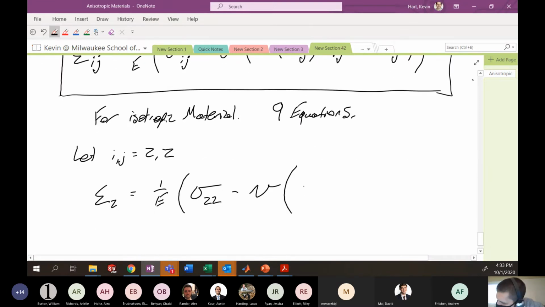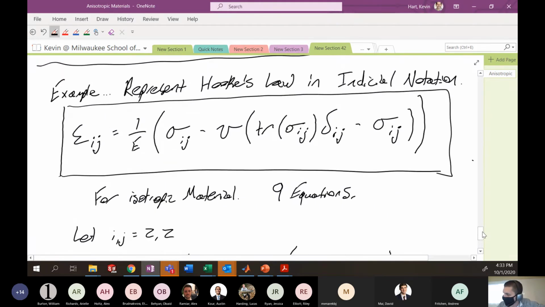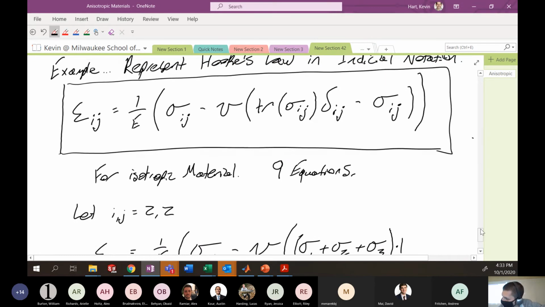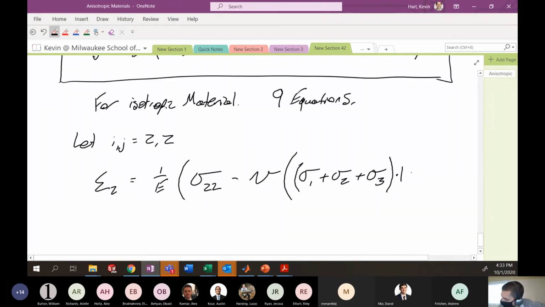That is sigma 1 plus sigma 2 plus sigma 3. It's your trace sigma ij, multiplied by the Kronecker delta, entry ij. So the 2,2 entry of the identity matrix is the value 1. Minus sigma ij, so this will be minus sigma 2,2.